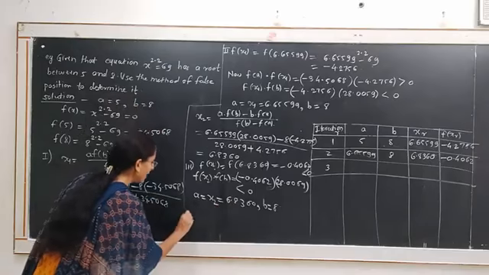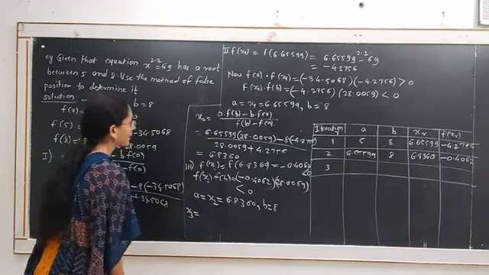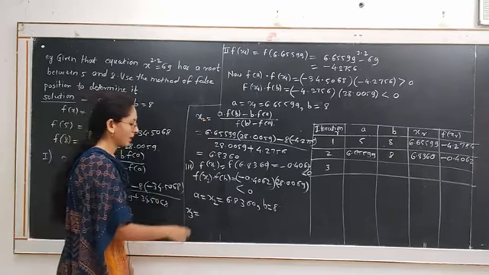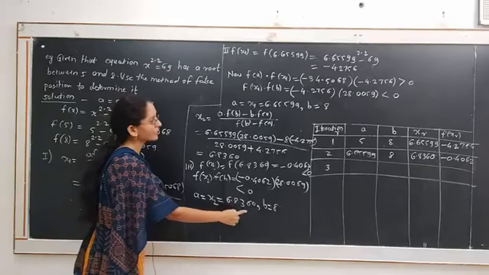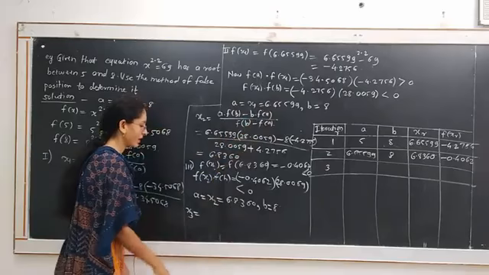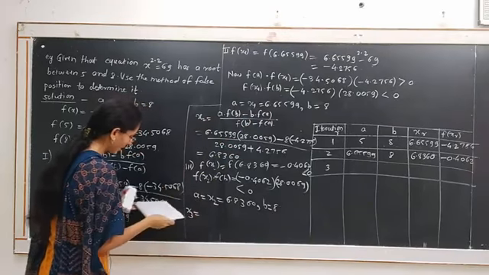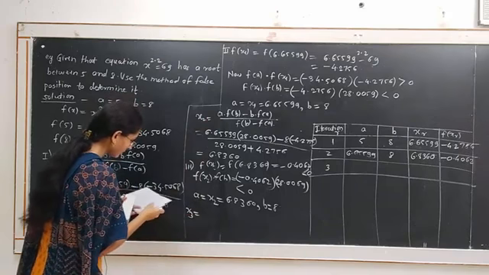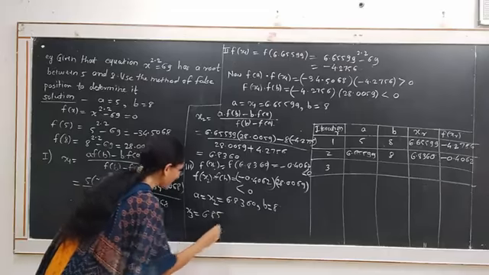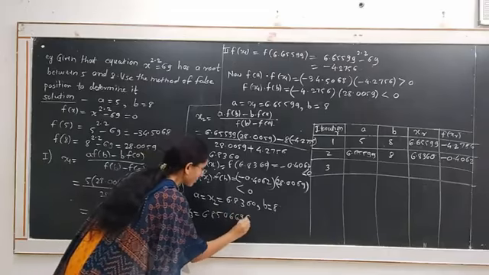Now we calculate the value of x3 by using the same formula, a into f of b minus b into f of a upon f of b minus f of a. Now a value is 6.8360. If we calculate the value of x3 by using this formula, we will get its value as 6.850696.